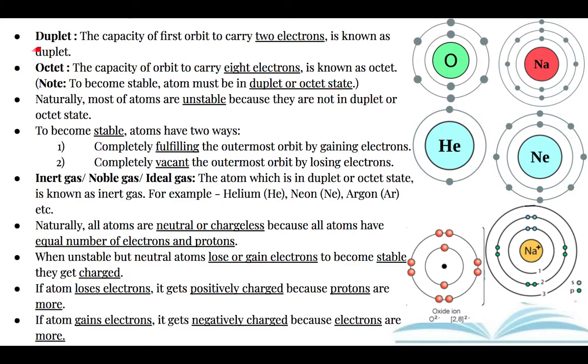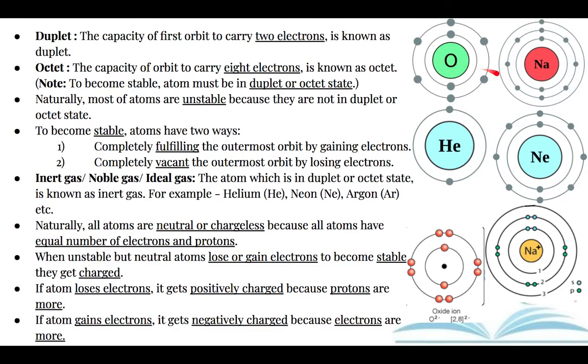So that's why here you can see duplet and octet. Those elements which are in duplet or octet state are called stable atoms, like helium and neon. Helium is in duplet condition, whereas neon is in octet state. So since helium and neon are in either duplet or octet state, they are stable.